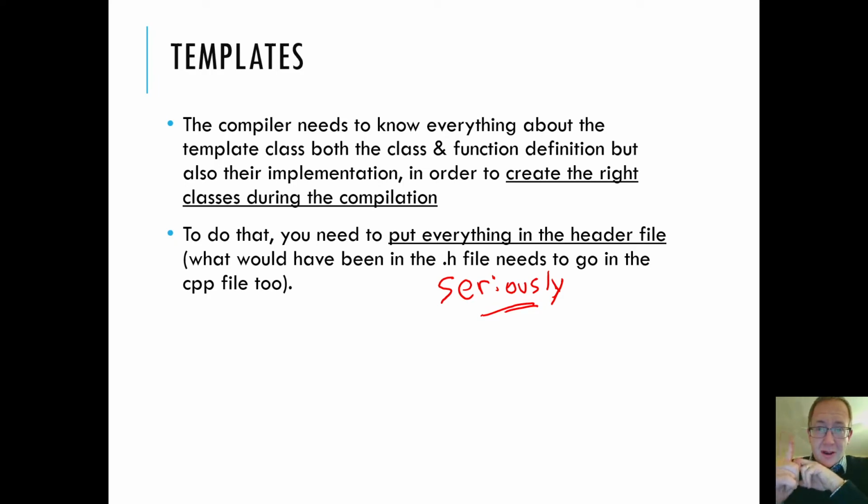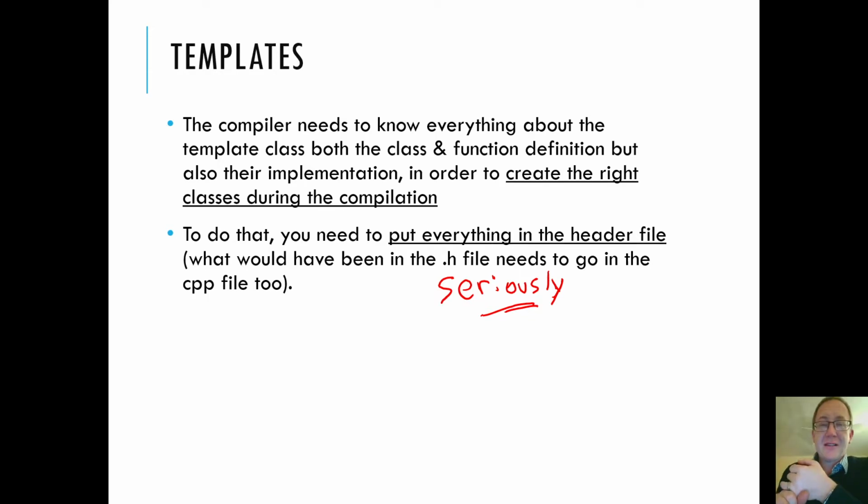Everything is in one file because it's the only way it'll actually work, because I'm generating a new class each time. We create the right kind of classes during compilation. So I will make a linked list class with a string, and it will make it during compilation.